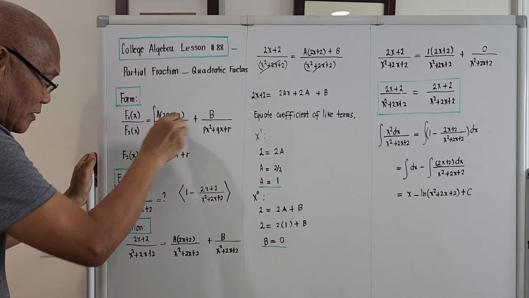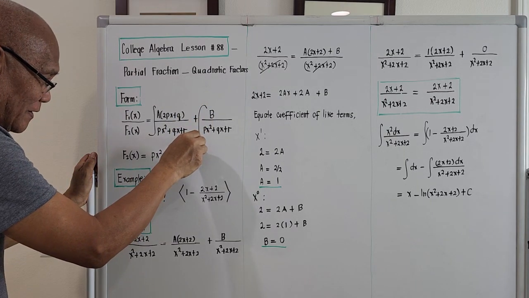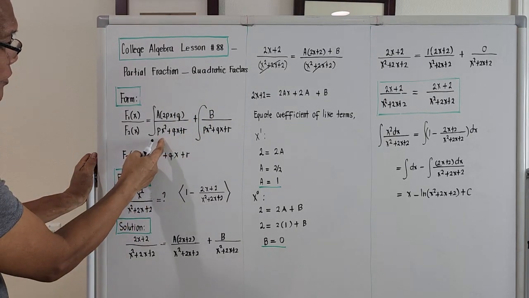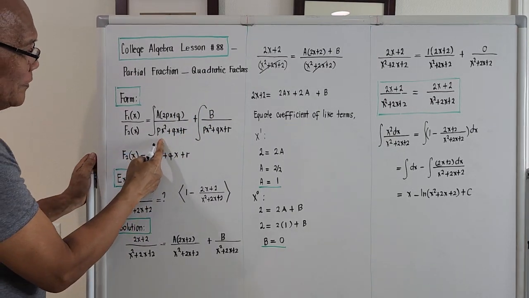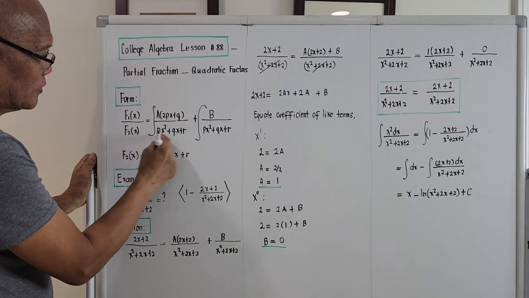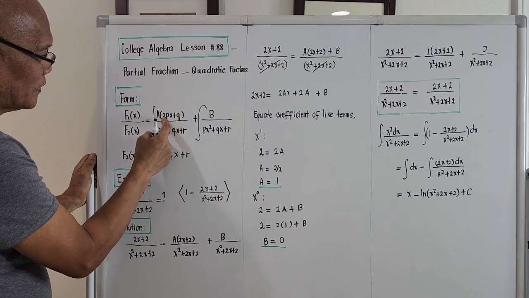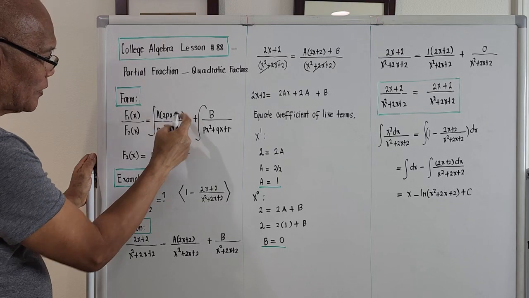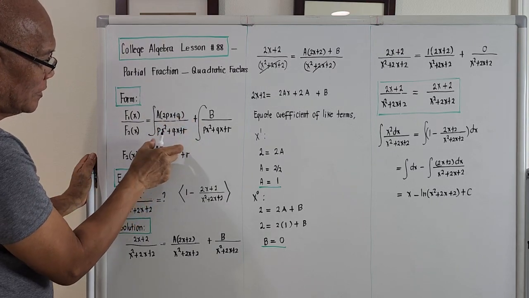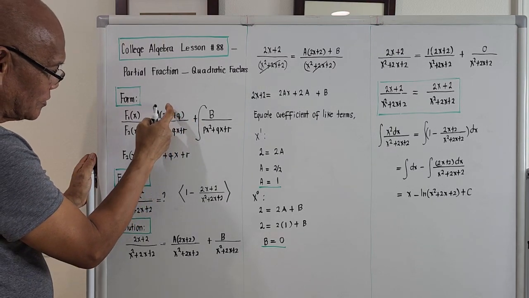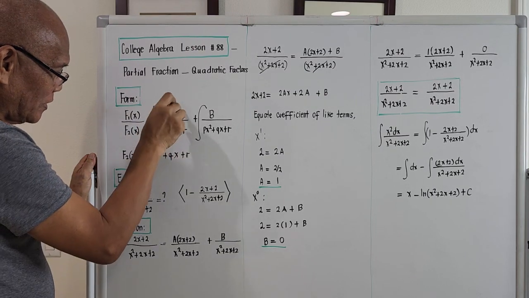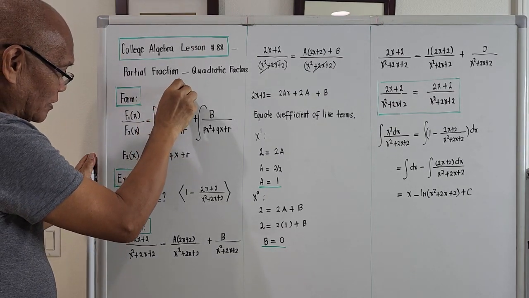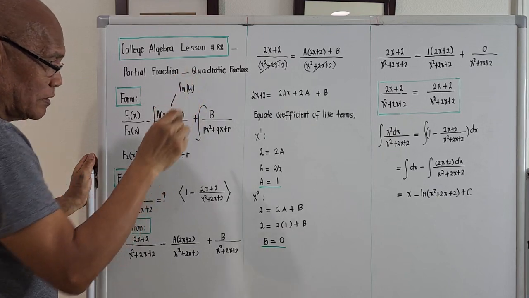So if we try to integrate, okay? This is an easy one already, because if we take the first derivative of this, it should be 2px plus q multiplied by 1, or simply q. So it seems that this is du and this is u, and this now falls under the natural logarithm of u. Right?